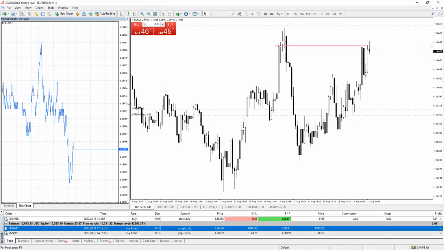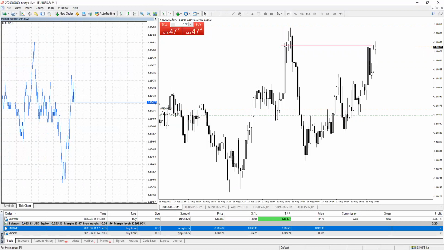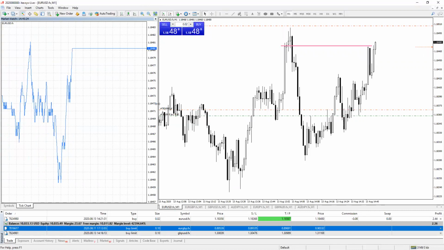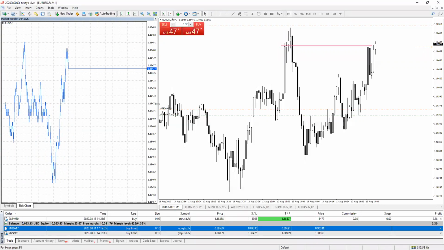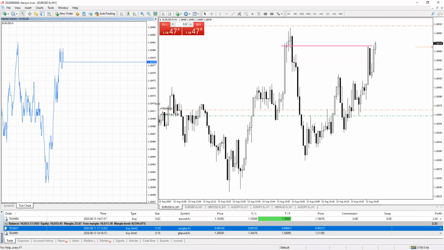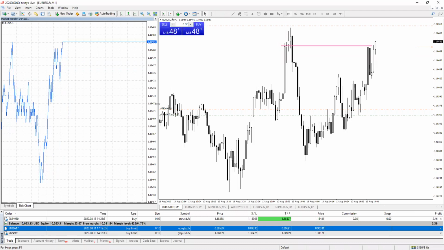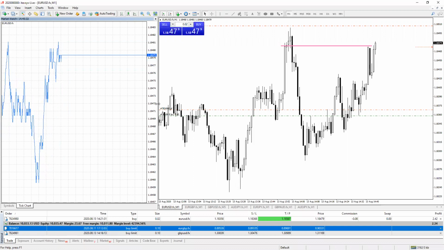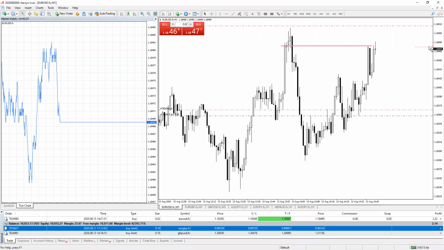Let's look at the ticks of the euro dollar. See how price is being pushed. Okay, it's a lift off. Okay, we don't need this alert anymore.